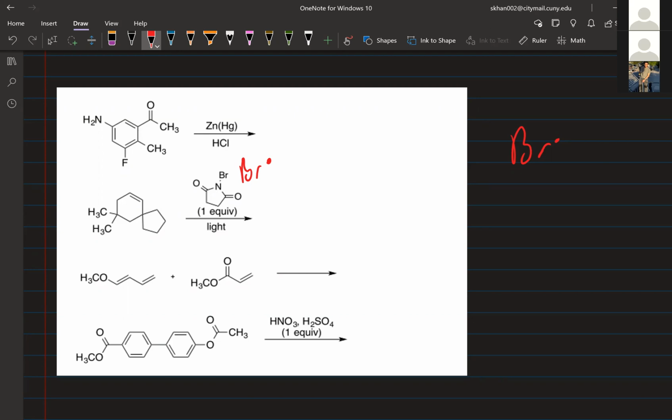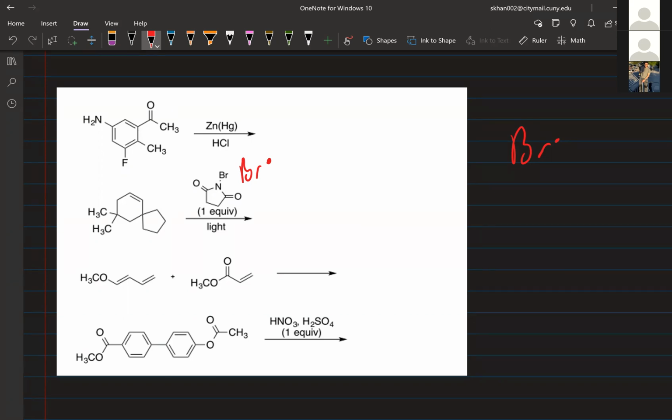Because the issue with HBr, right, is you're going to get what's called hydrohalogenation, right? You're going to have the hydrogen attach as well as the bromine, right? So when you want just pure radical bromination or radical chlorination, you're looking for sources that have just pure bromine or chlorine, right?